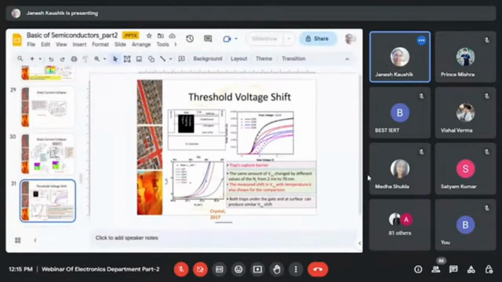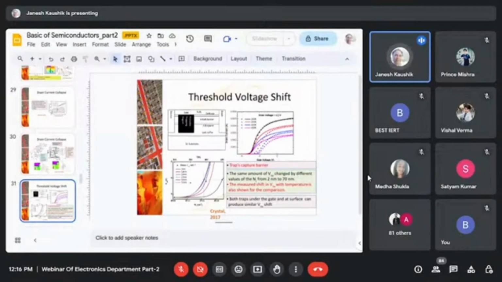So we simulated again with this physics-based simulator, Silvaco Atlas, but here this trap phenomenon is something different. These traps have a barrier. The diagram which I have shown earlier, where there was an animation of how charge carriers are being trapped, had no barrier.